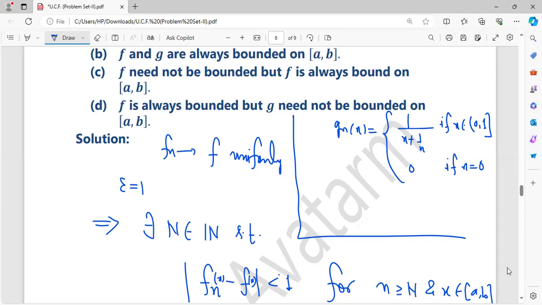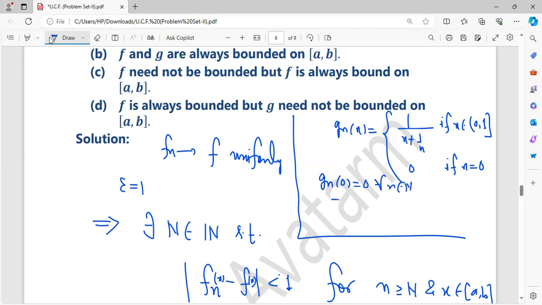One minute. Let me take another function. This function is not working properly. Okay. So this function is working, because gn 0 is 0 for all n.